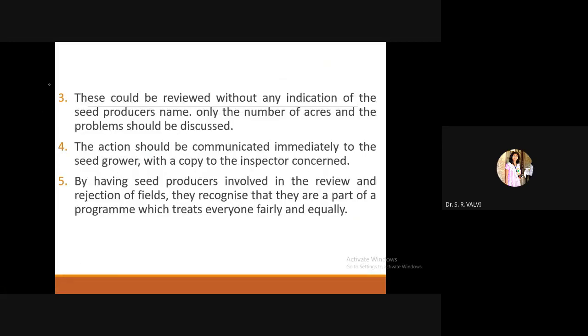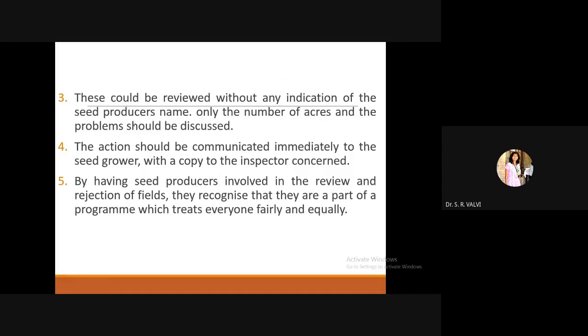So this could be reviewed without any indication of the seed producer's name. It means you are not going to show any kind of bias based on names. Suppose you know a particular person and that person is good, then you do further processing. And if your relationship with that person is not good, that does not at all mean that you have to reject that seed certification process.